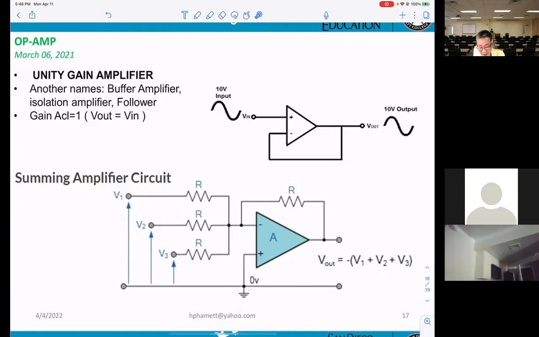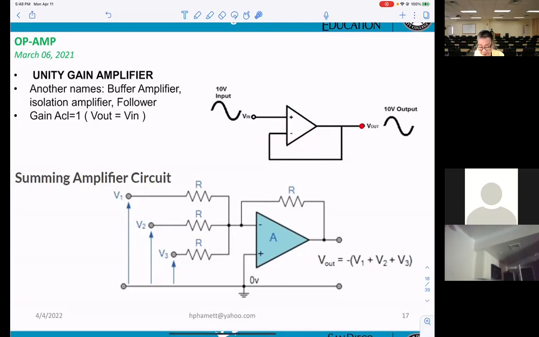Now, isolation amplifier, that will be very important. What does it isolate? It isolates between the input and the output, the region that has a big impedance. That's why in most power supplies, they have to use this unity gain amplifier.